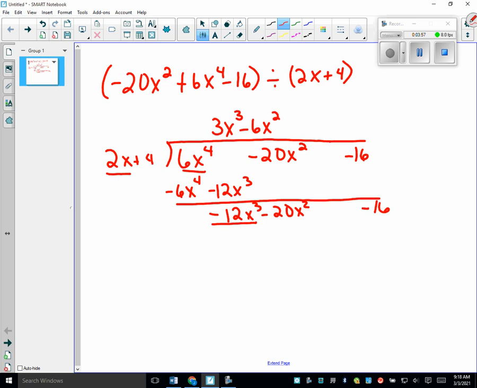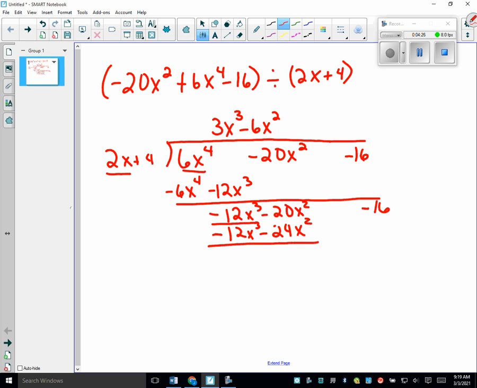What am I going to do now with that negative 6x squared? Multiply what I'm dividing by times it? Right? So I have negative 6x squared times 4 is negative 24x squared, and this is negative 12x cubed.